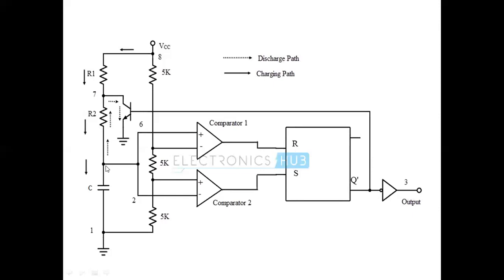So whenever the capacitor charges, the output of comparator 1 becomes high and it resets the flip-flop, the output will be 0 and Q bar is 1. Q bar as 1 means this is connected to the transistor. If Q bar is 1, the input to the transistor will be logic 1 and the transistor will be on.